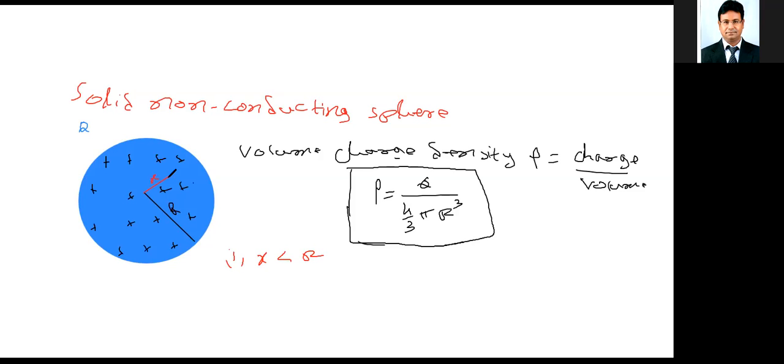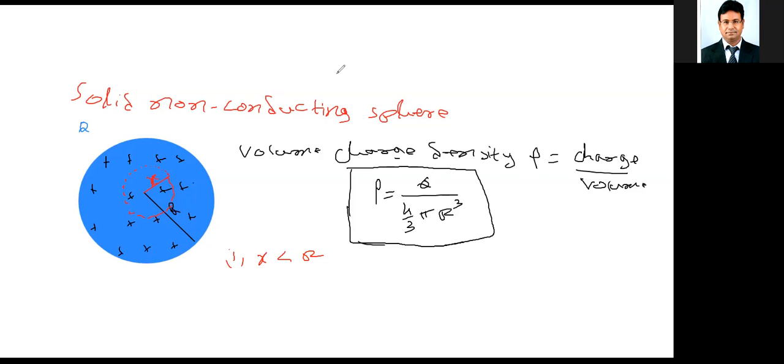When I say x is less than r, it is inside the sphere. I'll draw one Gaussian surface. What should be its shape? It must be spherical. And what must be its radius? Its radius must be x.